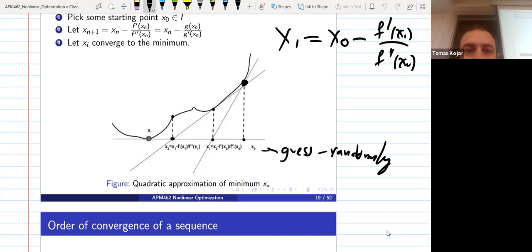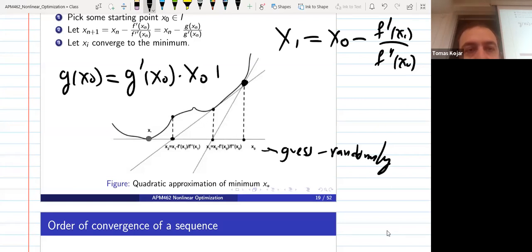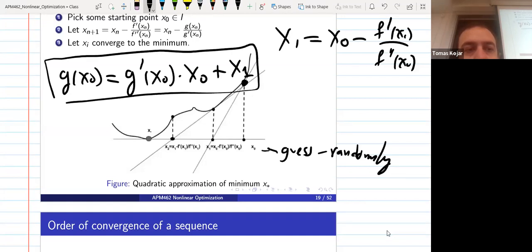So let's see. You have g of x0 is equal to g prime of x0 times x0 plus x1. Right? Now this is a line. This is y, and this is the slope.